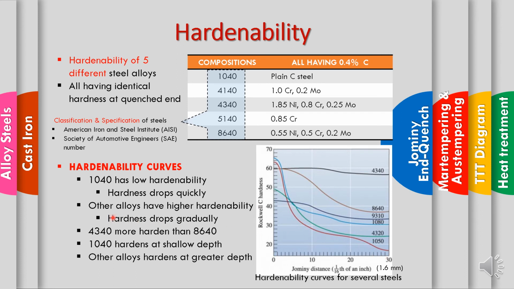Compared to the 4340, here it is very stable, with hardness from very near to the far distance. So with the same carbon composition but different alloying elements, it will give a different hardness.